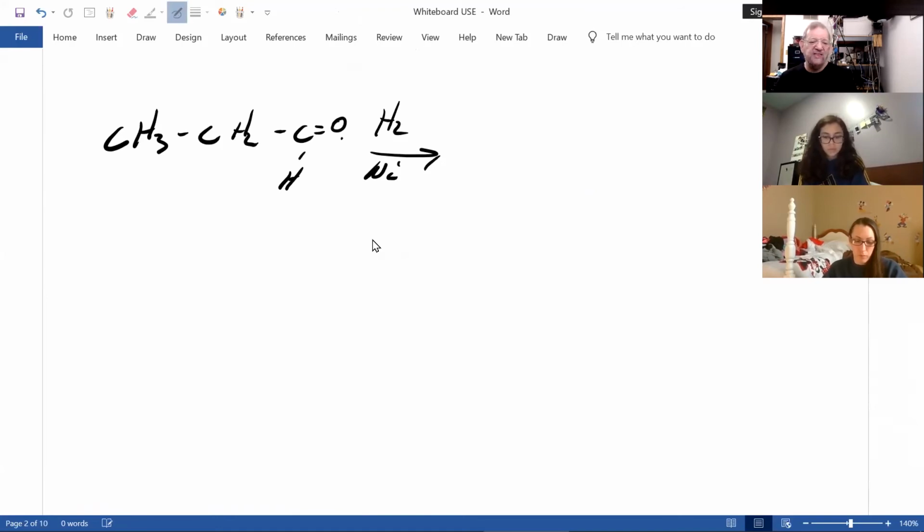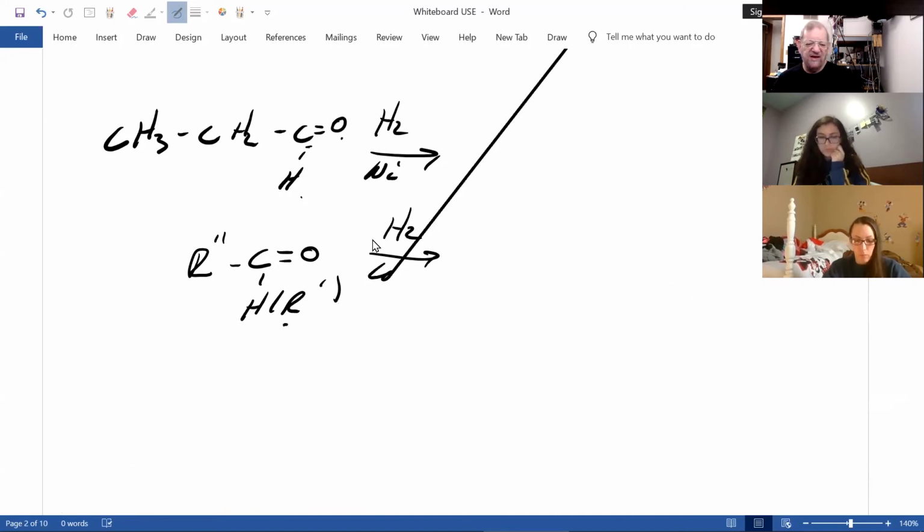Ooh, oxygen on a double bond to carbon. And I have a hydrogen. It could have been carbons. And I also have more carbons. And this is an aldehyde up here. It could have been a ketone reacting with hydrogen and a catalyst. And again, I apologize for those lines shooting out. I'd like to shoot my computer right now, but I won't.